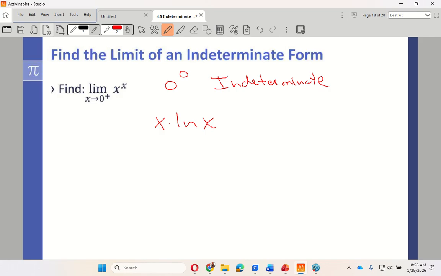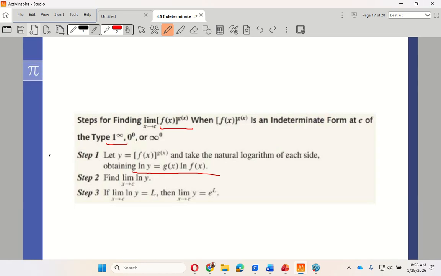How did you get g of x? Right here. Can you see that right there on the paper? I know it's kind of blurry and small. It's your exponent. Oh, okay. All right.